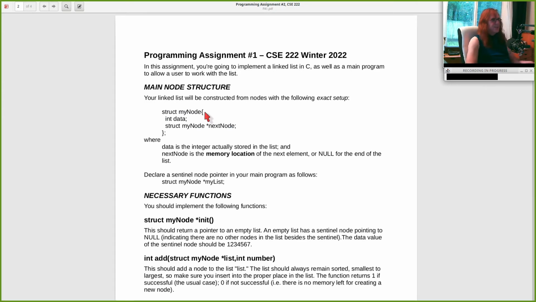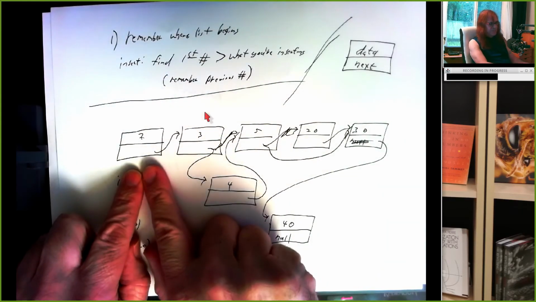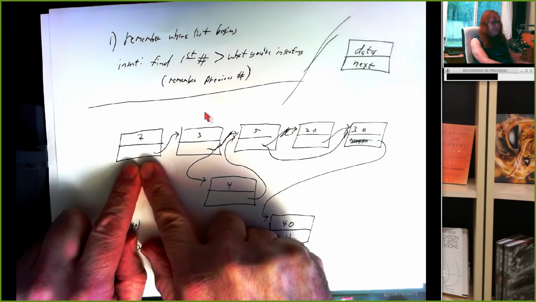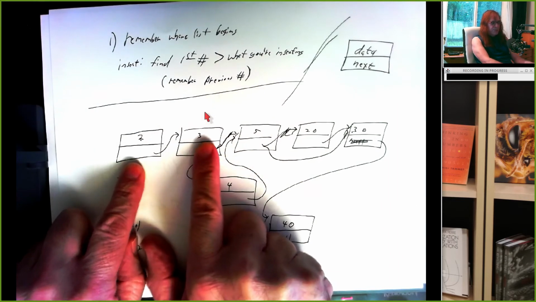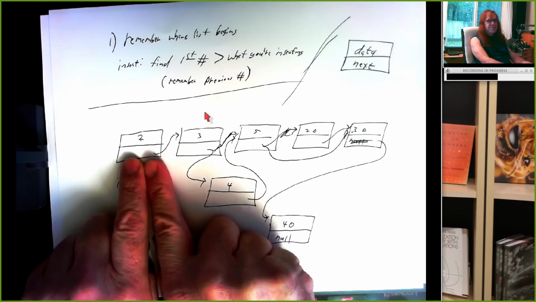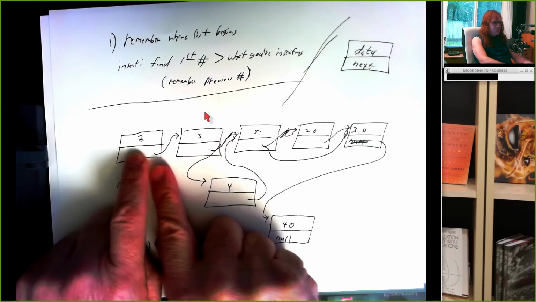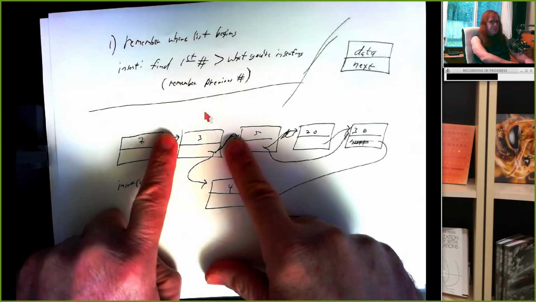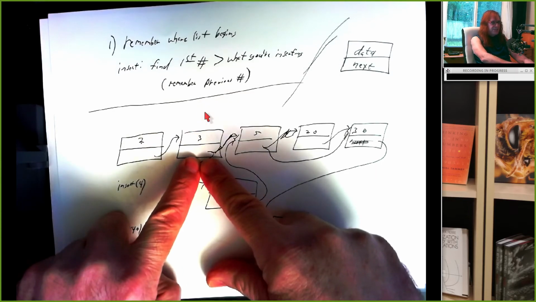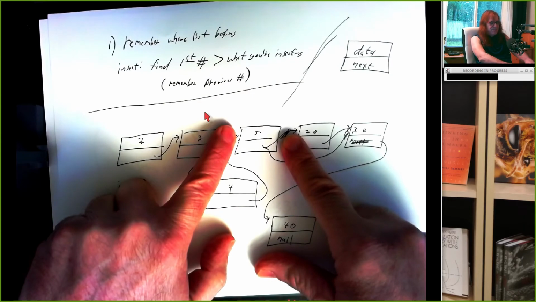So what is a struct mynode? It's one of these boxes. That's the data piece. This is the next node piece, which is a pointer to a struct mynode. In other words, it's a location in memory. It's a number that corresponds to a memory address at which we would find another one of these structures containing an integer piece of data and an address at which we would find another one of these nodes.